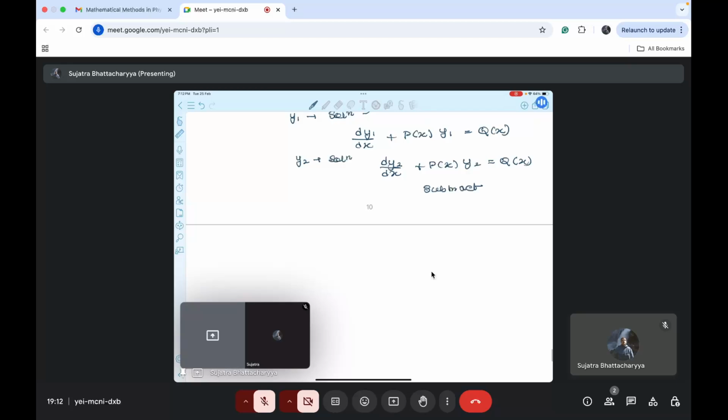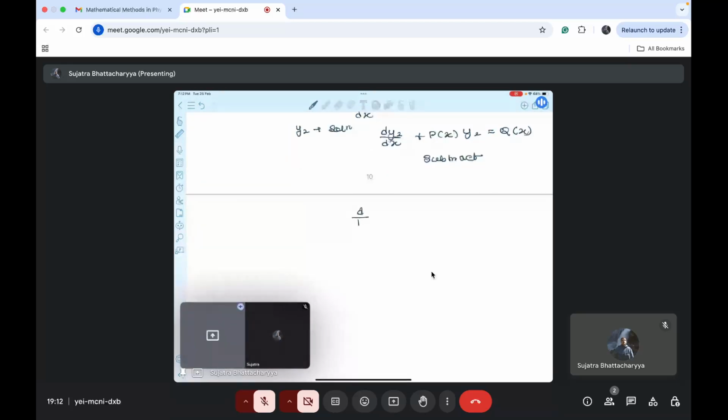So what we will get? d by dx of y1 minus y2 plus p of x times y1 minus y2 is equal to 0. See, this y1 minus y2 is also a solution, right? But this results in the homogeneous differential equation.